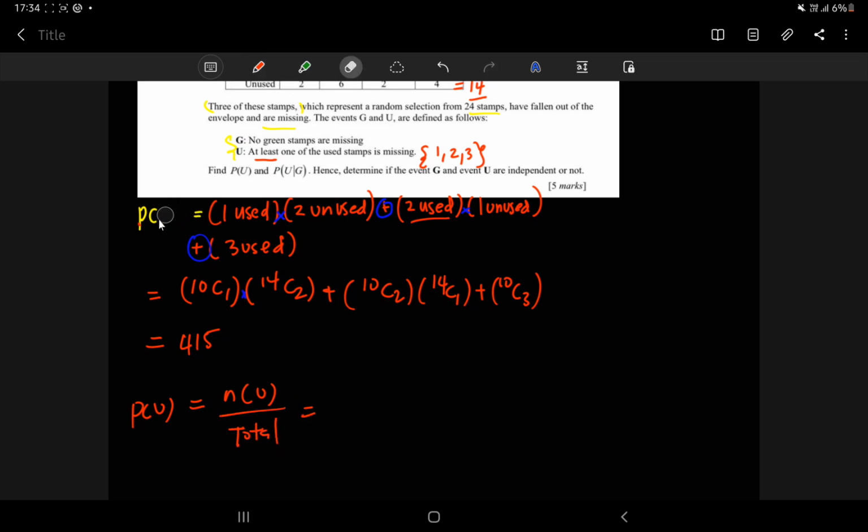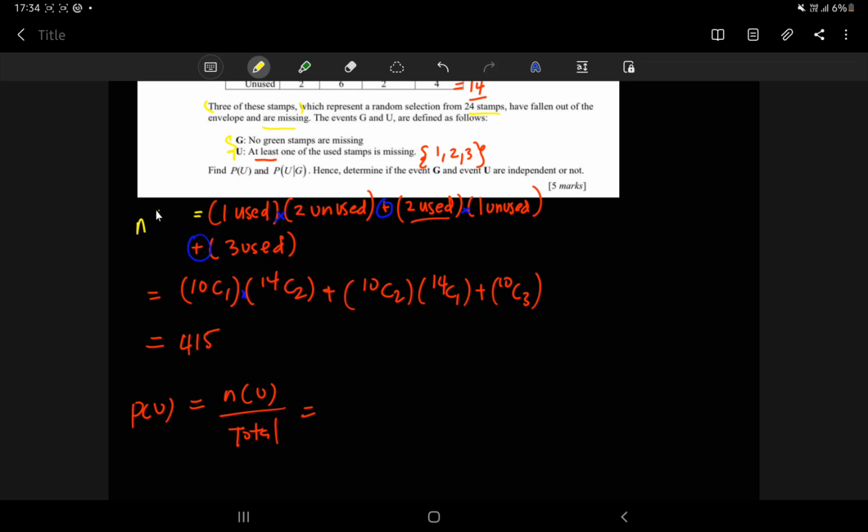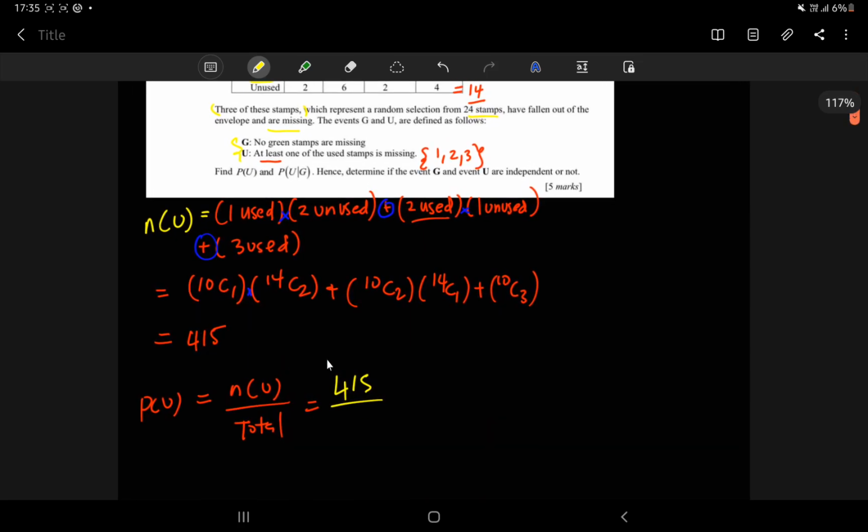Because we want the probability of U, it is the number of ways for U divided by the total. This is not yet the probability, but actually how many ways the event U occurs, or how many ways at least one of the used stamps is missing. So it is 415 divided by the total ways of 3 stamps to be missing, which is 24 choose 3. Why 24?